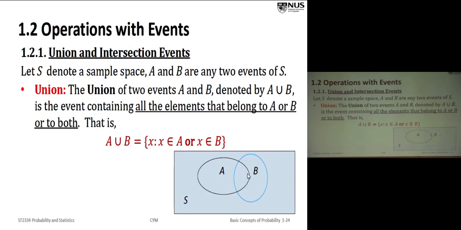Now, what A union B means: if I take a point in this set, it has to lie in here, or possibly here. Any point in this kind of position lies in both A and B. So the set A union B, if you want to shade things, is all this one and all this one.